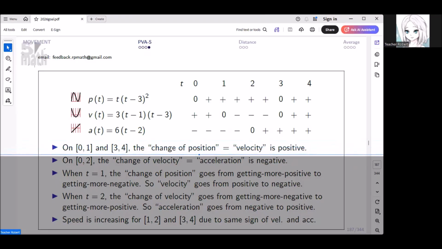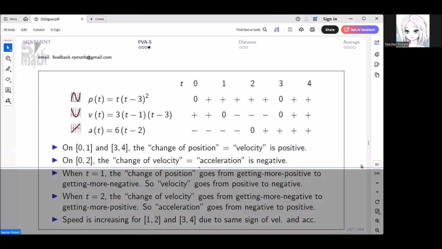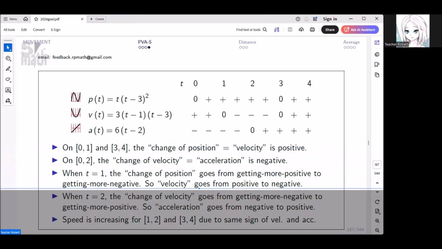On 0 to 1 and 3 to 4, the change of position, which is velocity, is positive. On 0 to 2, the change of velocity, which is acceleration, is negative. When t equals 1, the change of position goes from getting more positive to getting more negative.